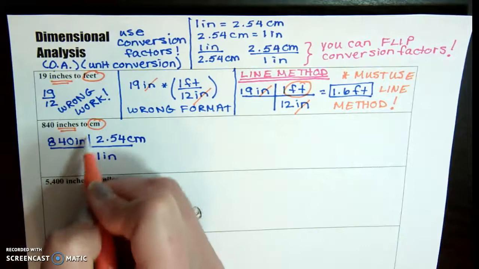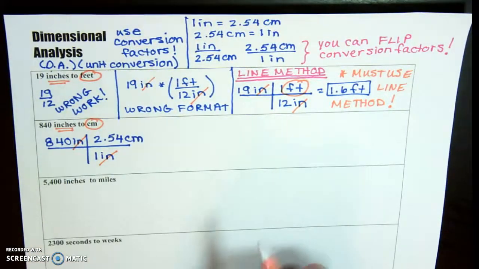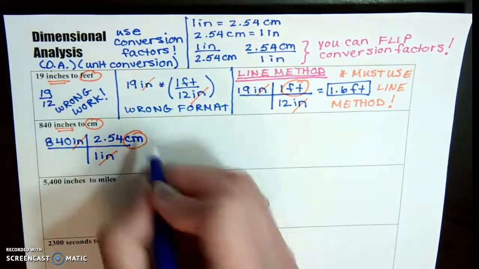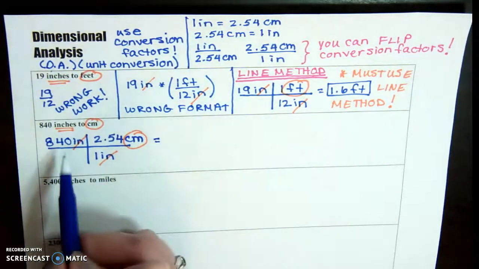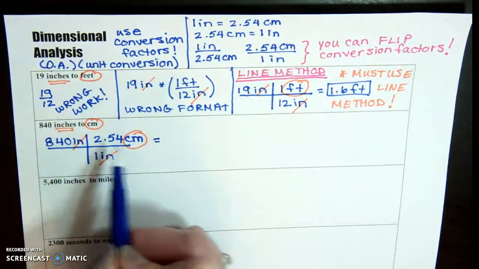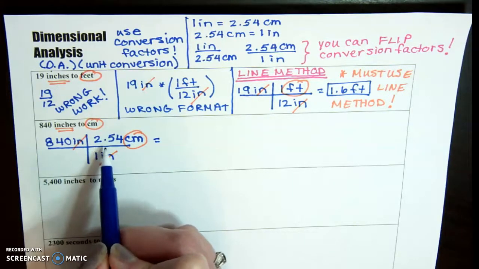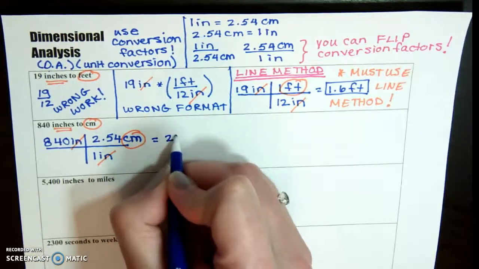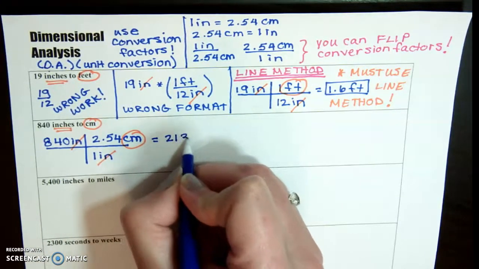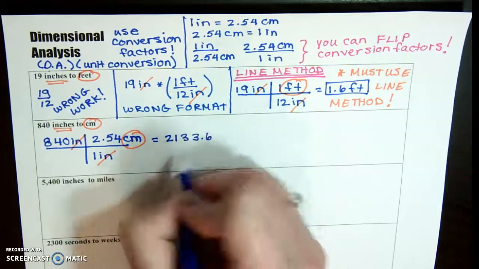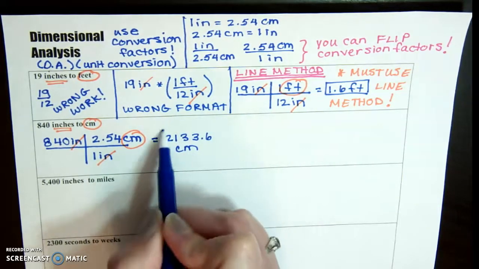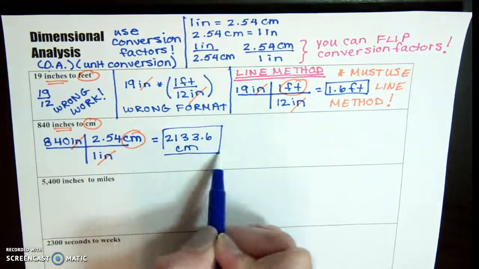Now, 1 inch on top, 1 inch on bottom, leaves me with centimeters. I punch that into my calculator. 840 times 2.54 divided by 1 gives me 2,133.6 centimeters. I have my answer, I have units, and I have a box around it.